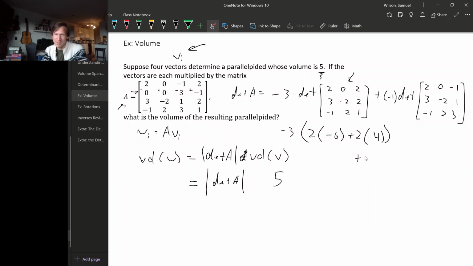Okay, plus negative 1 times, and now this determinant, so again let's go across the first row, so we pick up that 0 there, so 2 times negative 6 plus 2, so negative 4.